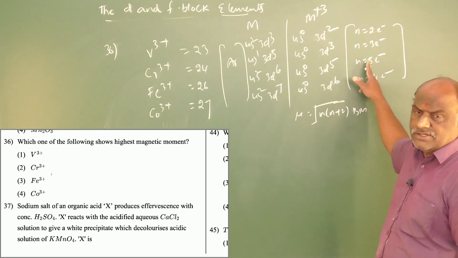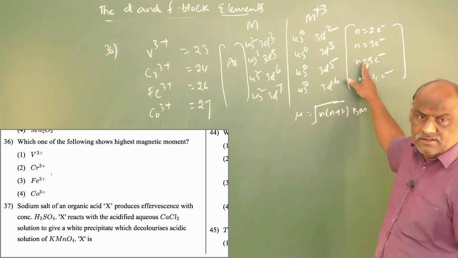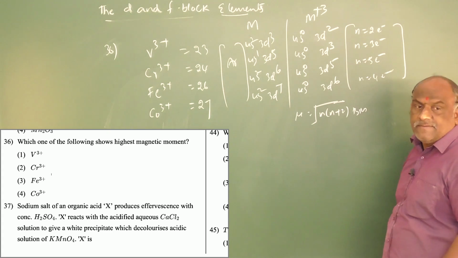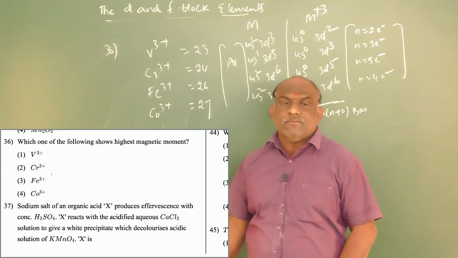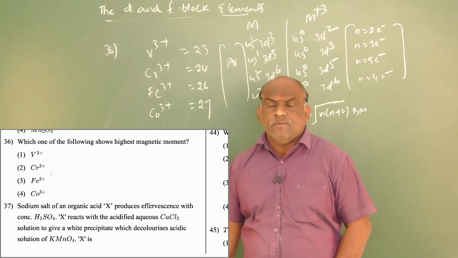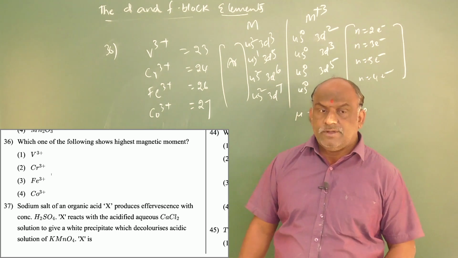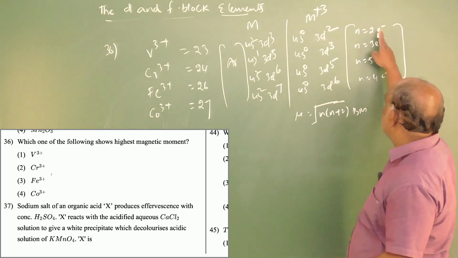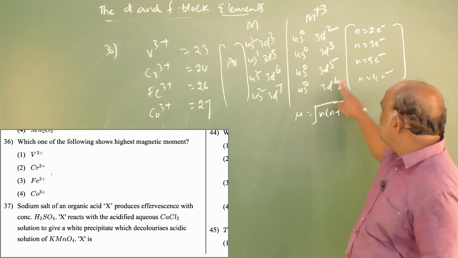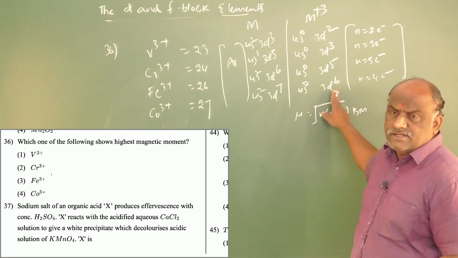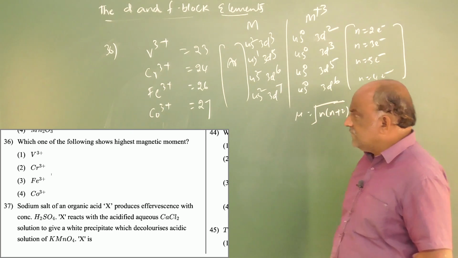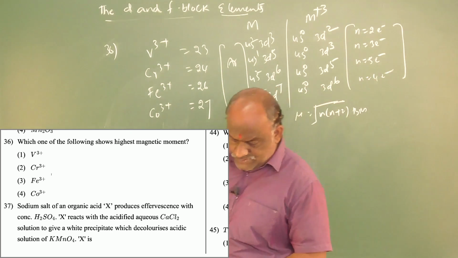Due to that, iron 3+ shows the highest magnetic moment, due to the d5 configuration. The d6 configuration has one pair of electrons and the remaining 4 are unpaired. So the correct option for question number 36 is the third option.